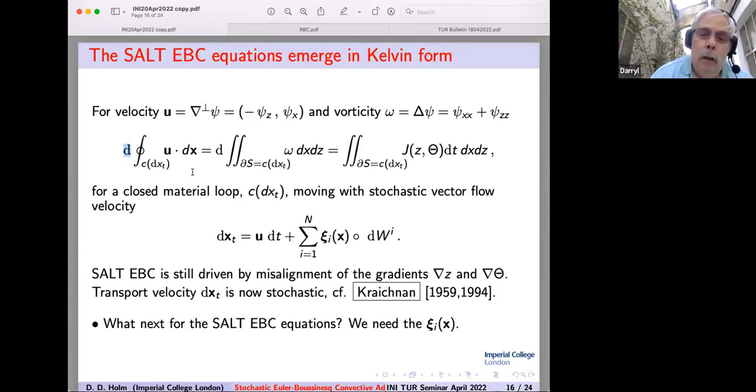And that's the Kelvin form of stochastic, in the sense of stochastic advection by Lie transport. It's just transport by this vector field. The right-hand side doesn't change. This stochastic integral has changed, but the integrand of it hasn't changed.